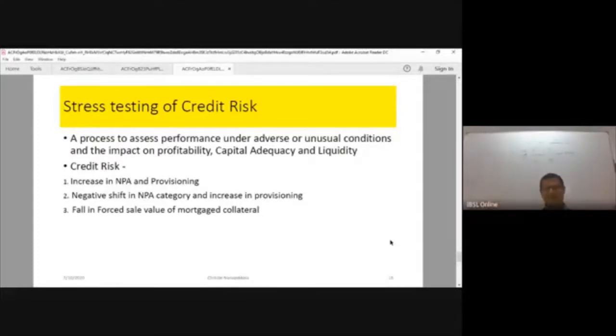When that situation happens, this will go into NPA. And even if you manage to dispose of the property, you will get a lesser value than the loan value. And that loss also has to be written off. And those will add up to your lower profitability. And the computation of that is called stress testing.